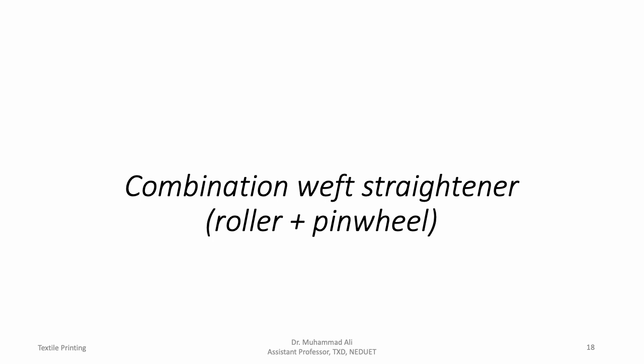The third type of weft straighteners is called a combination weft straightener. As the name implies, it's simply a combination of a roller weft straightener and a pinwheel weft straightener, both of which we have discussed in the previous slides.